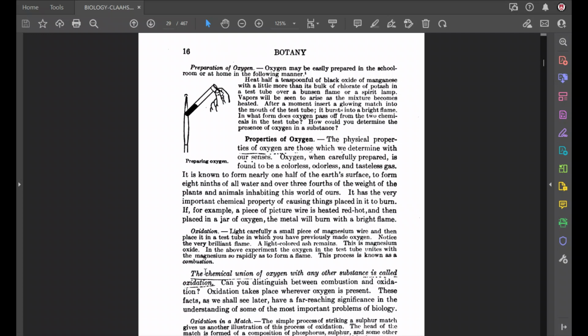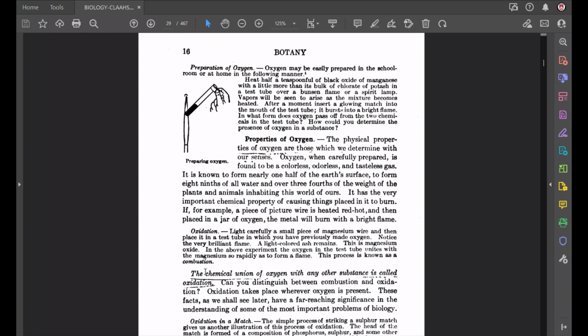We can't smell it and we can't taste it. If it's present, something will be able to burn. If it's not present, something might not be able to burn. So it has this very important chemical property of causing things to burn.